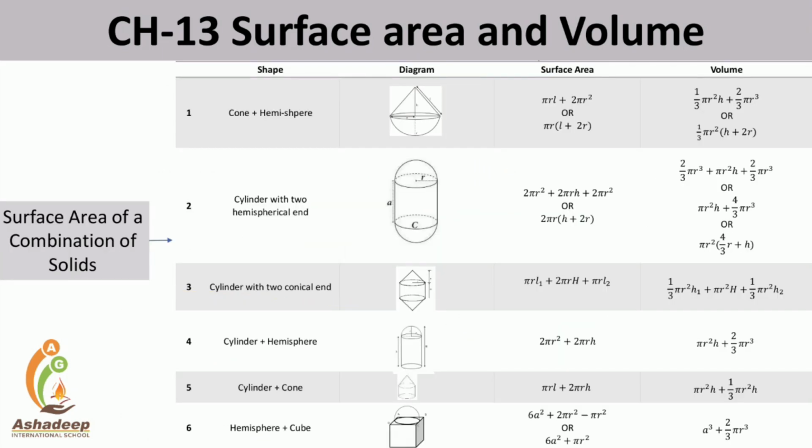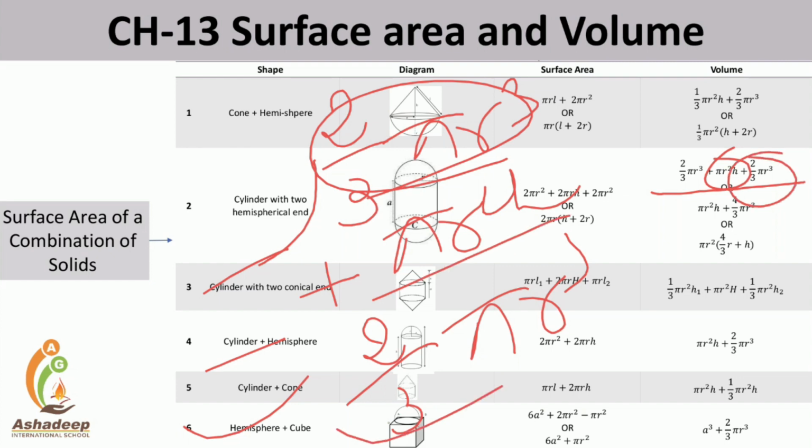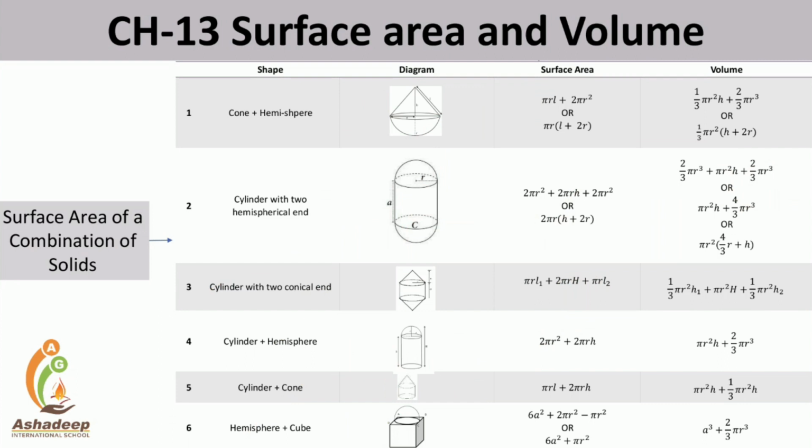So 2 by 3 plus 2 by 3 is 4 by 3 pi r cube, plus pi r square h. Now take out pi r square common and you will get this answer. Once again, whether you want to take it out common or not depends totally upon you, right?